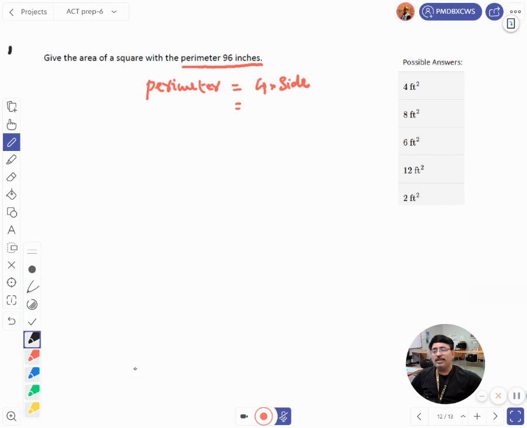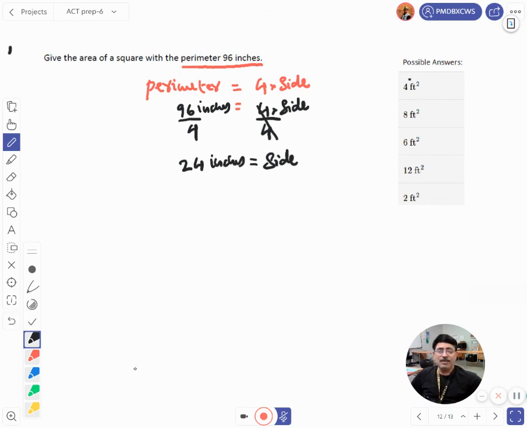Now, let me plug in this value, 96 inches is 4 times side. You know how to find the side. So we eliminate 4 by division of 4 on both sides. Therefore, side equals 24 inches.